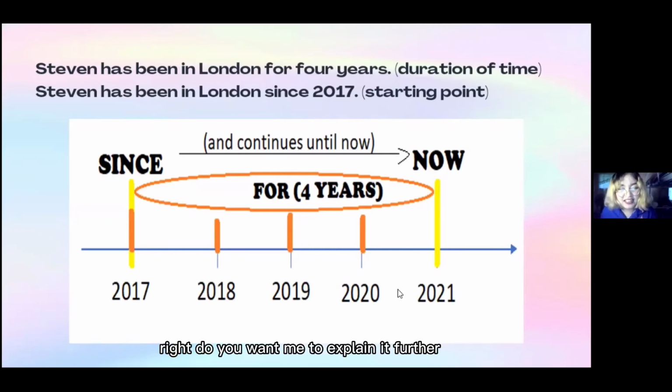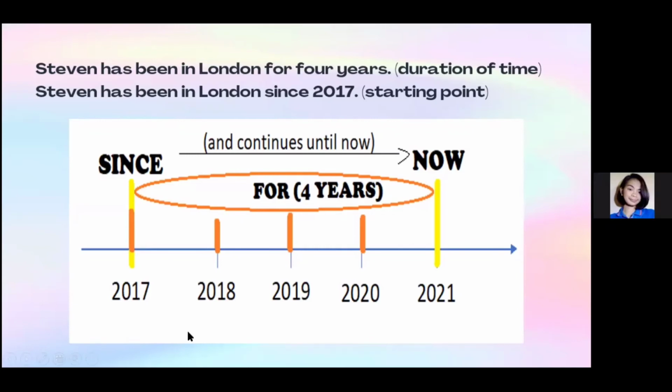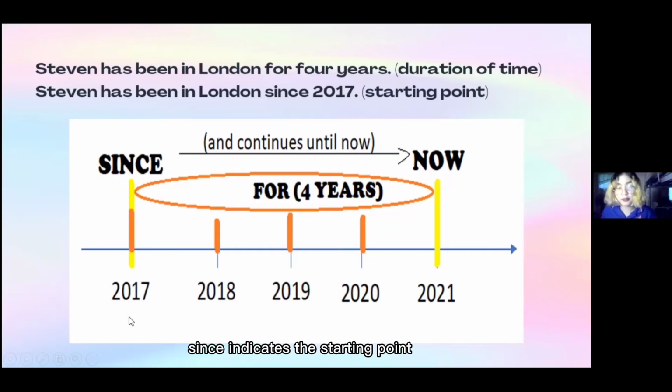Or do you want me to explain it further? Okay. All clear, ma'am. The illustration indicates that since is a starting point, whereas the action continues up to the present time, while for indicates the duration of the said action. Did you understand it now?